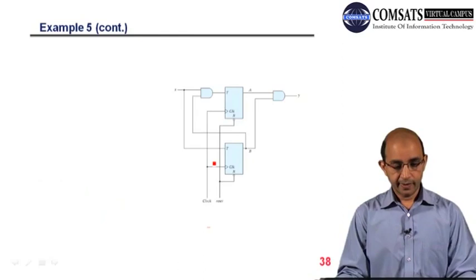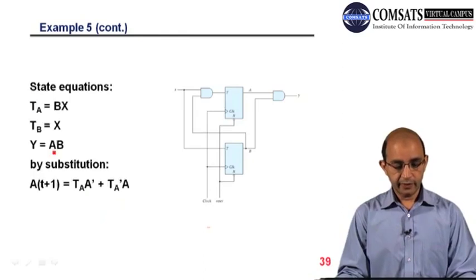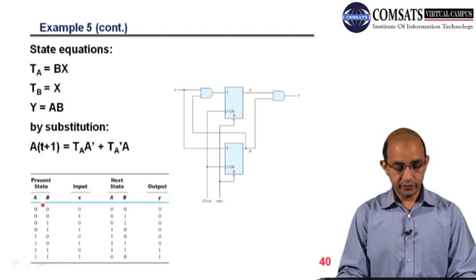Okay, and then we have the state equations and the next state. After having those equations, we know the possible combinations. We only have to put those values there, and then we can get the next state. So here you can see we have the next state and we have the output Y.